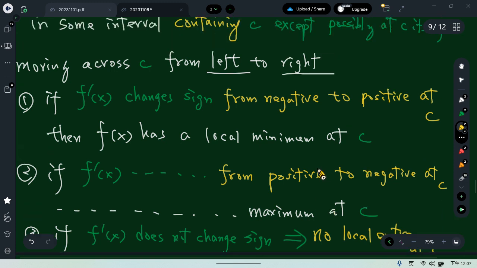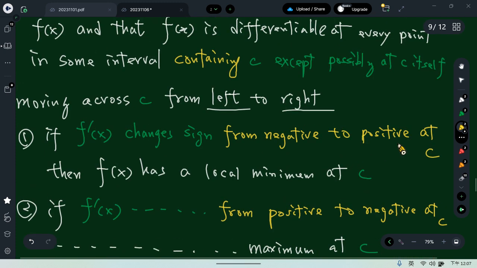So it's quite intuitive, right? If f prime x changes sign, there are two possibilities: positive to negative, or negative to positive. If it changes from negative, originally negative means going down, decreasing, then after C going up because it becomes positive.